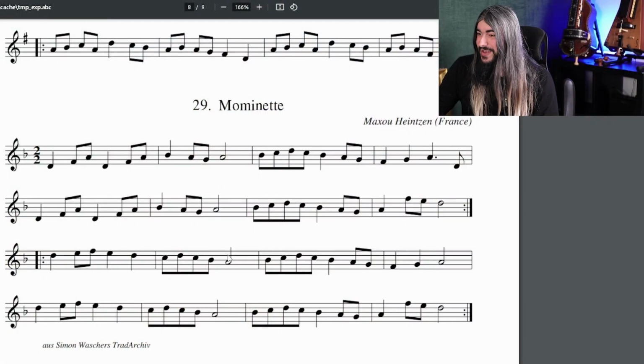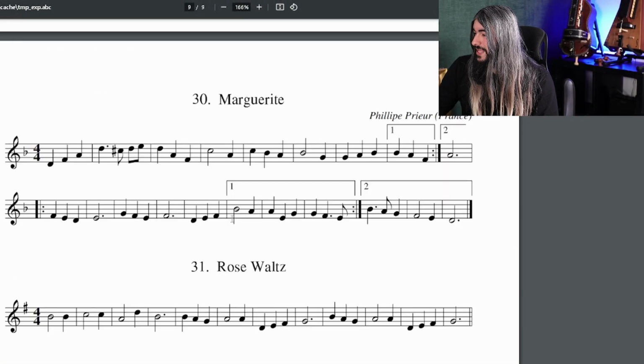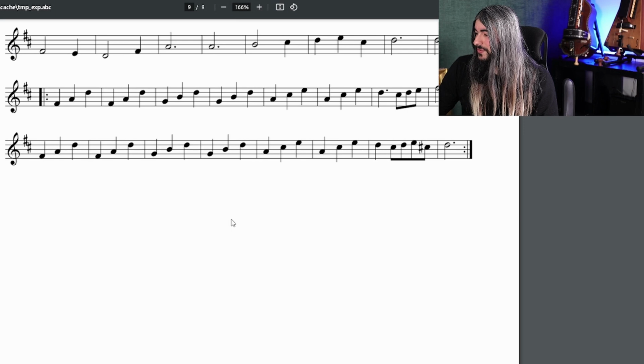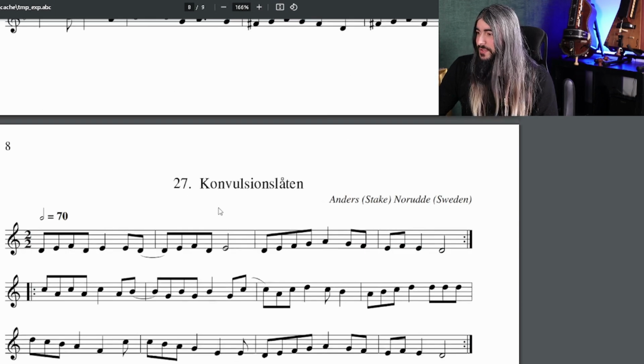And you know what? Do you think it is less beautiful of a melody just because it has only cakes and apples? No, it is very beautiful, very catchy. Okay, go to YouTube and listen to some player playing La Mominette. It's very cool. Let's see what else. Well, this is just to prove the point, right?